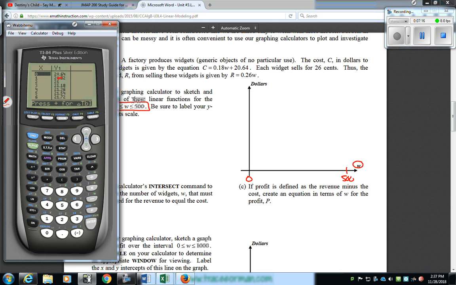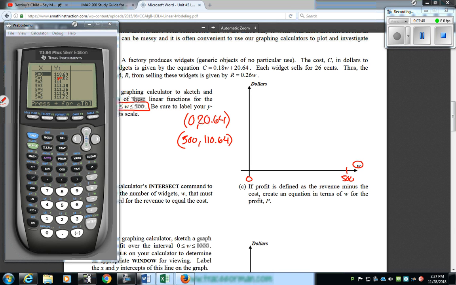So I know I have 0 and 20.64. Then I'm going to press second window, and I'm going to put my table up to 500. And then I want to see what that value is. So at 500, I have $110.64. So I got those 2 points for my first equation.